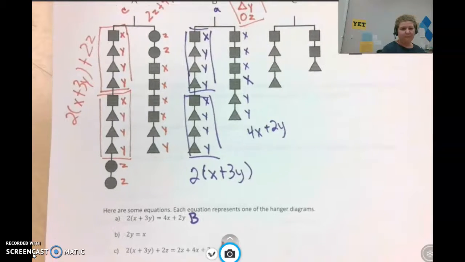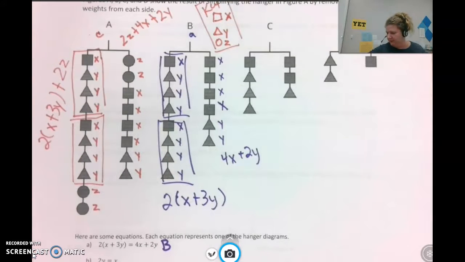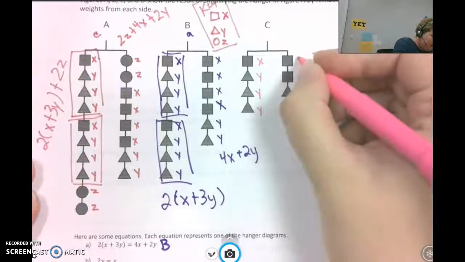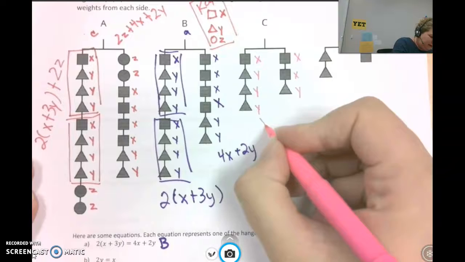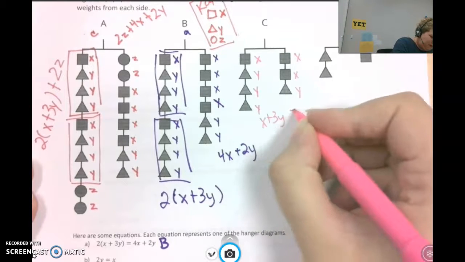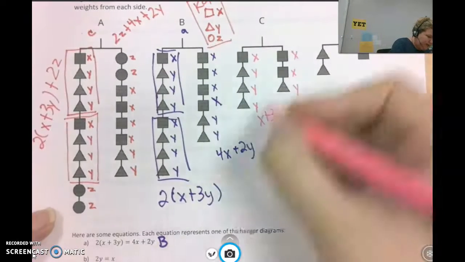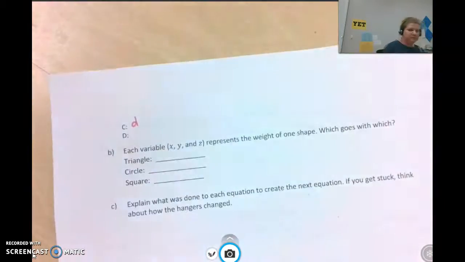Okay. And we have another one. We're just matching these up, which goes with which. So here's X, Y, Y, Y, and we have X, X, and Y. So we have X plus 3Y equals 2X plus Y. And that is D, little d. That goes on to the next page here.